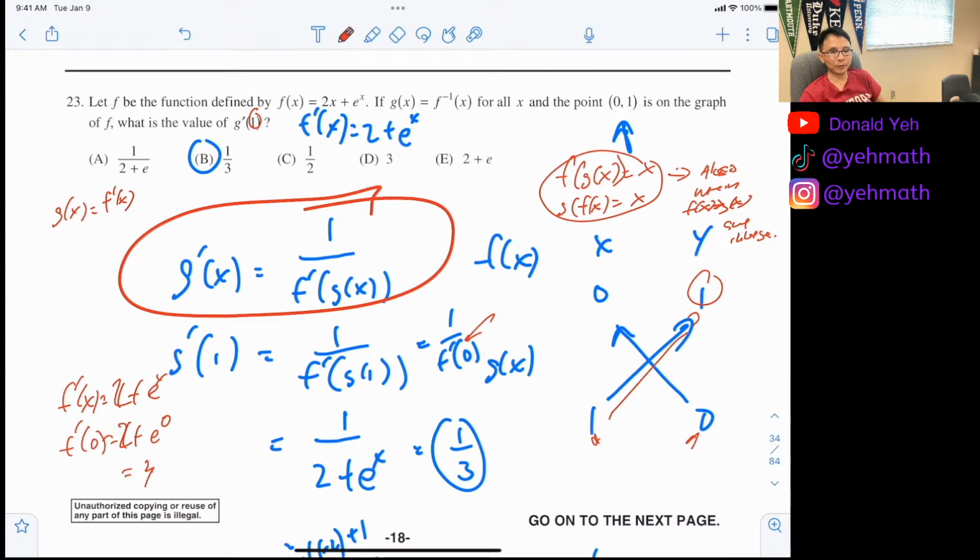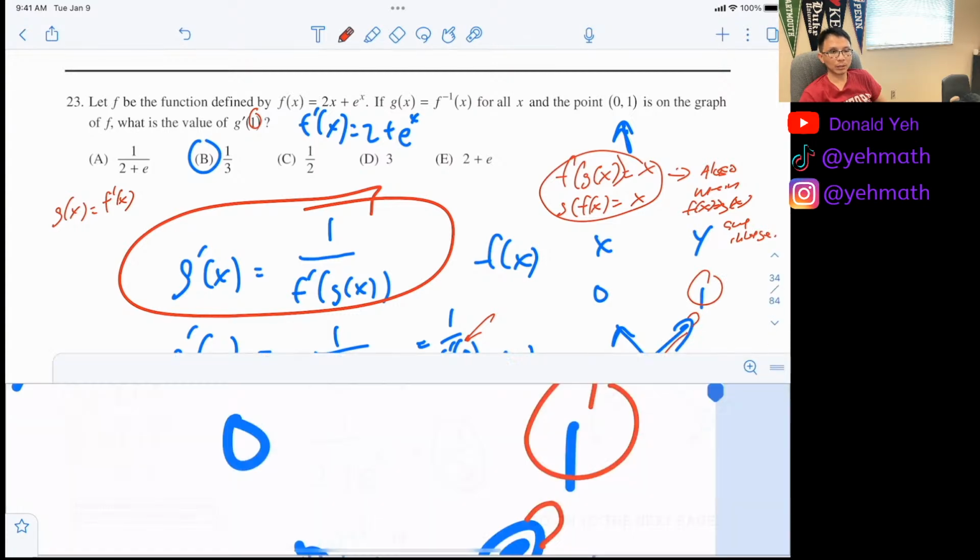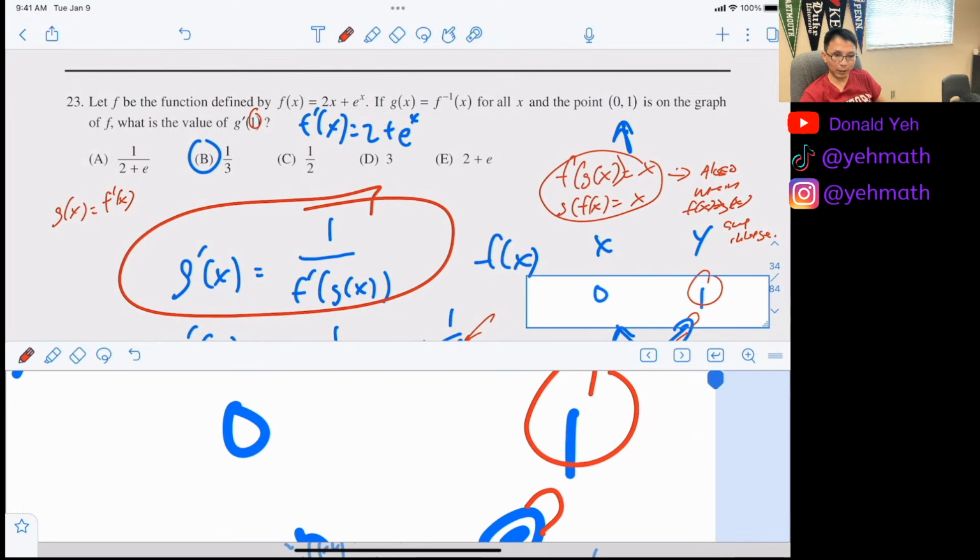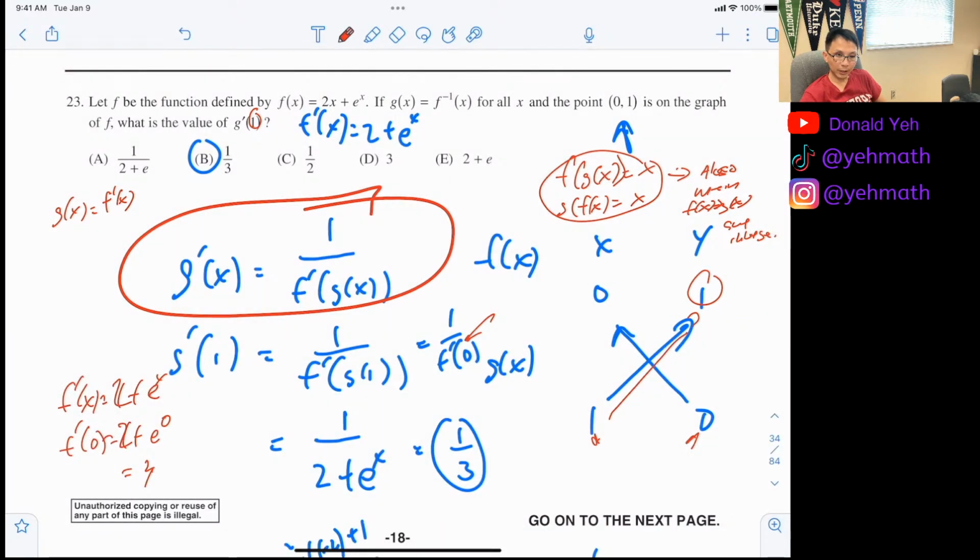The y value of f of x is 1. But since they have a coordinate already, 0, 1, therefore g of 1 is when f of x equal to 1, which only happens when x is equal to 0. So it's equal to 0.